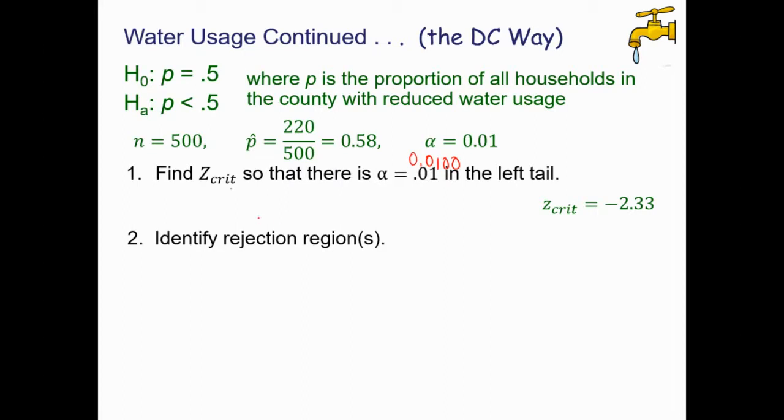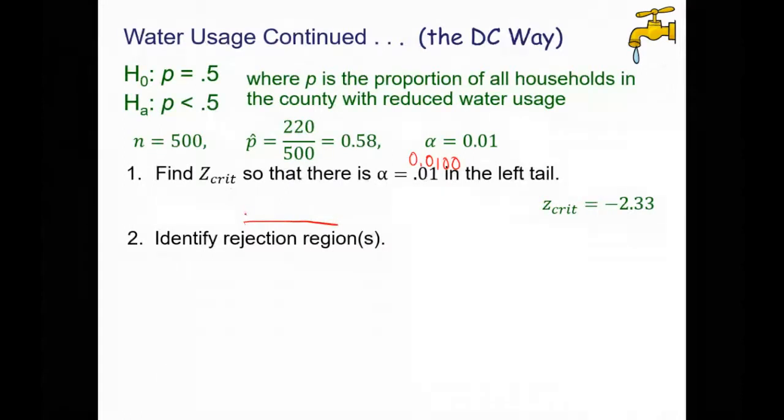Let's draw a little sketch here. So here's my graph.